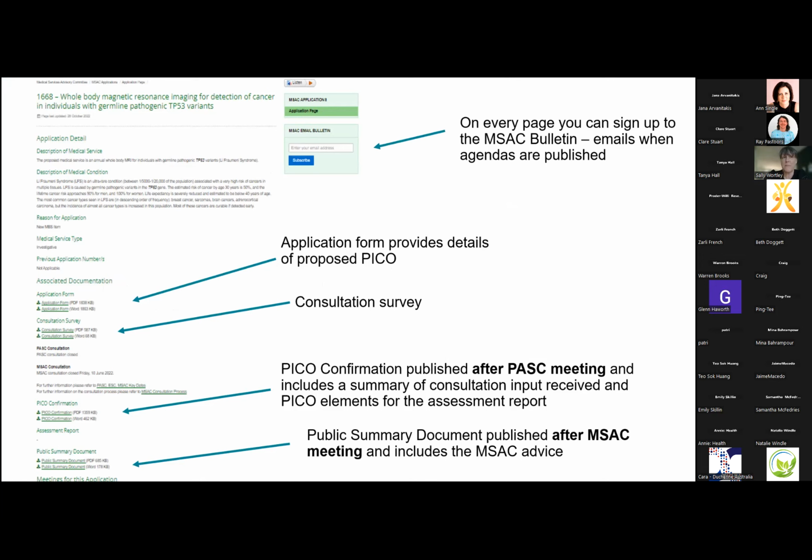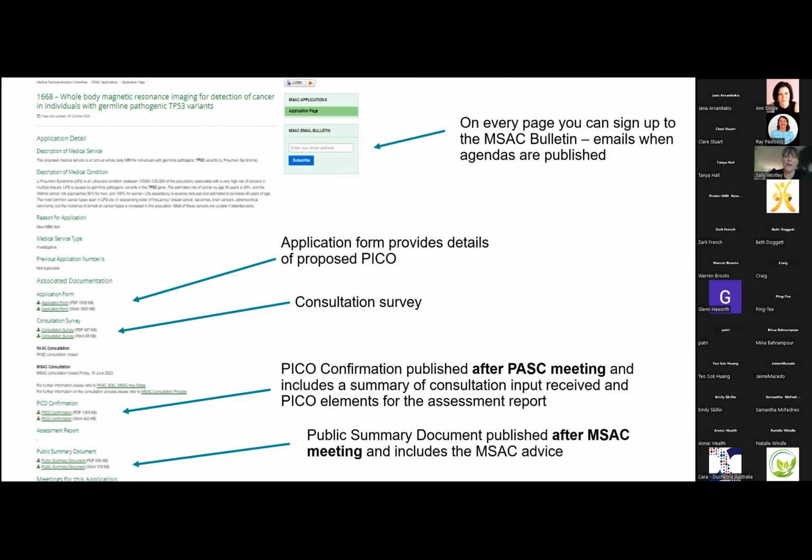There's a description of the medical service, and you'll see on every application page on the MSAC website, there's a place where you can sign up to the MSAC e-bulletin. Here on the page, you'll see the application form, and this is what's put in by the applicant. And Jana was talking about the PICO confirmation.